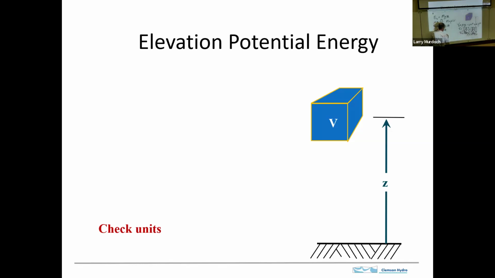The units of unit weight are mass over length squared time squared, volume is a length cubed, and z is a length. So that goes with that, and those are the units of energy. So we're good.